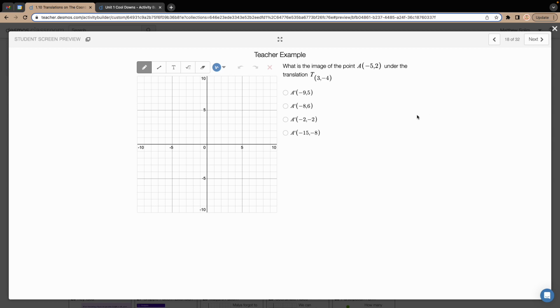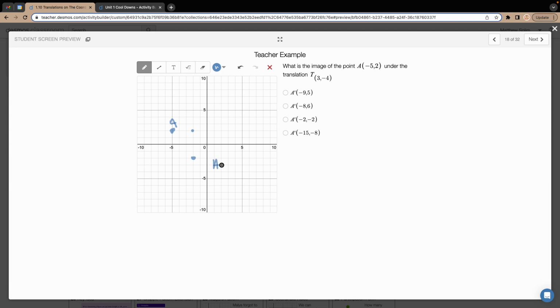So just a quick example here. Let's say I had point A and that's at negative 5, 2. So I should always just go graph it and label it. Here's point A. And then I'm going to go T(3, negative 4). So I'm going to go right 3 because the x is first. Right 1, 2, 3. And then down 4. 1, 2, 3, 4.